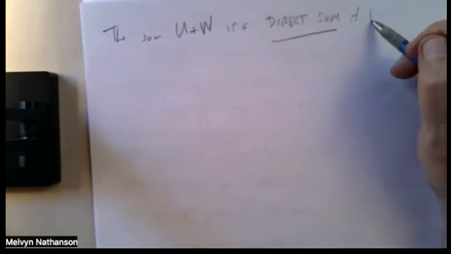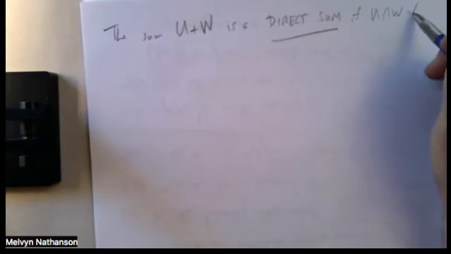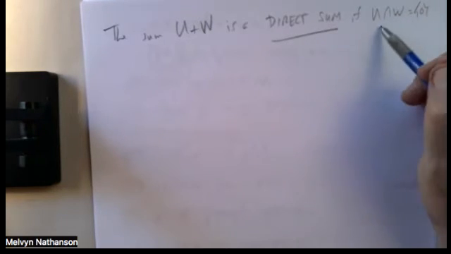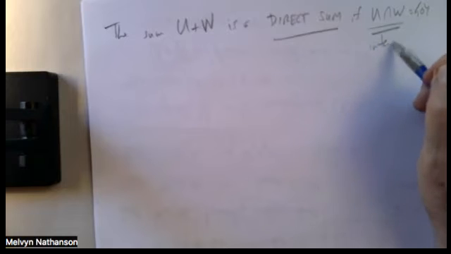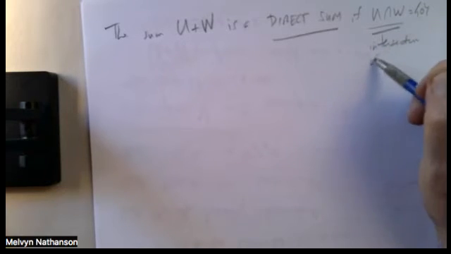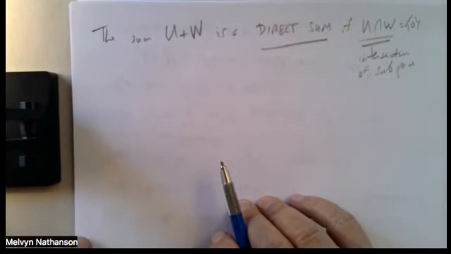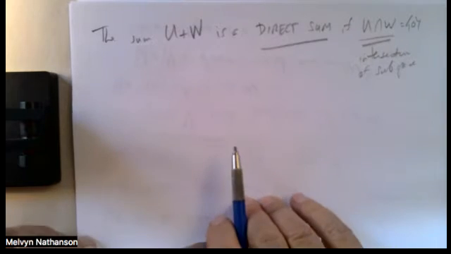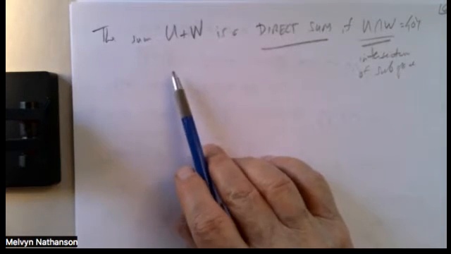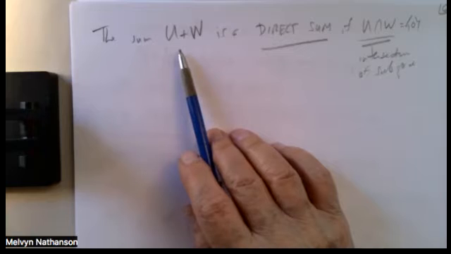If the only vector in U and W together is the 0 vector, that is the intersection of the subspaces, we know that every subspace must contain the 0 vector. And if you have two subspaces whose intersection is only the 0 vector, then the sum is a direct sum. And every vector in the sum is uniquely the sum of a vector in U and a vector in W.